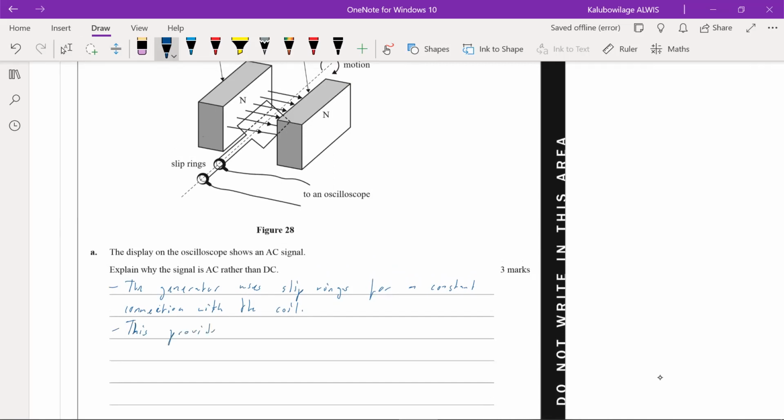This provides a current that changes direction.